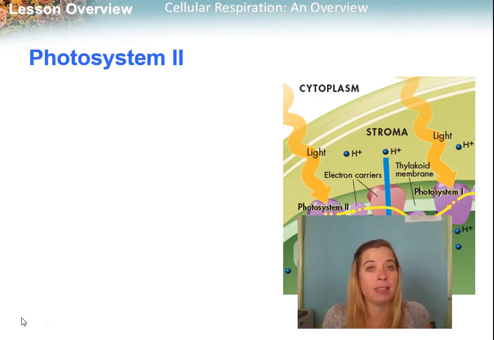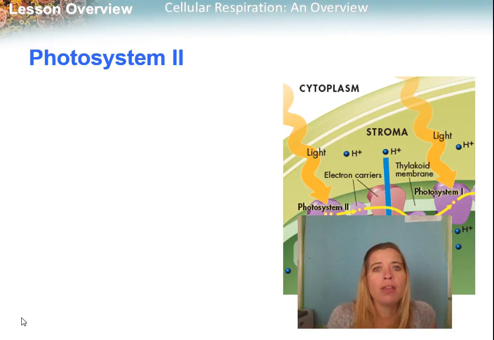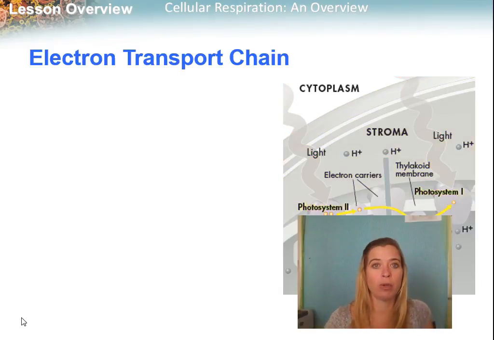In this case, photosystem 2, which strangely enough is the first photosystem that we're going to talk about. So the electrons are taken off the hydrogen atoms and pushed into photosystem 2. Then photosystem 2 excites the electrons and pushes them into what we call the ETC, the electron transport chain.